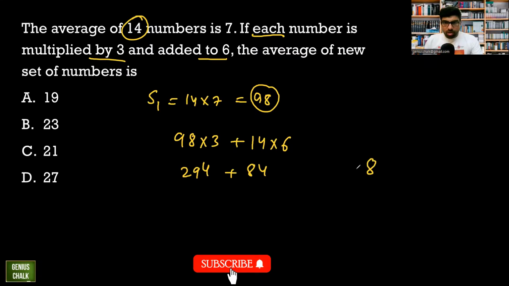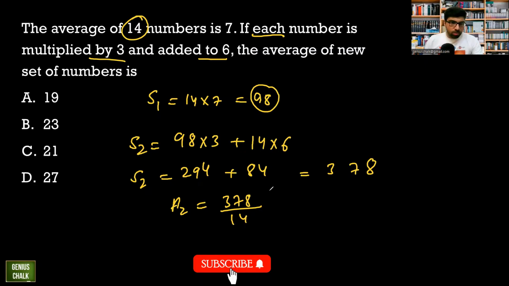So how much? This is 378. This is my new sum, and for the new average I'll divide the new sum by the total number of numbers. So 14 2s are 28, 14 7s are 98, 378 divided by 14 is 27. That is also giving you the same answer.